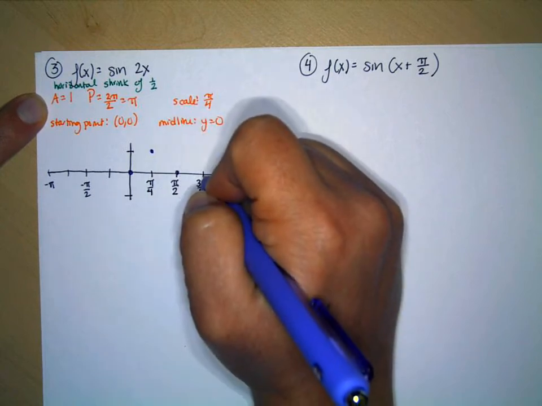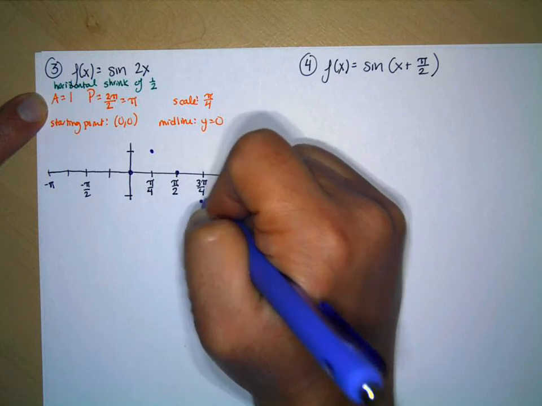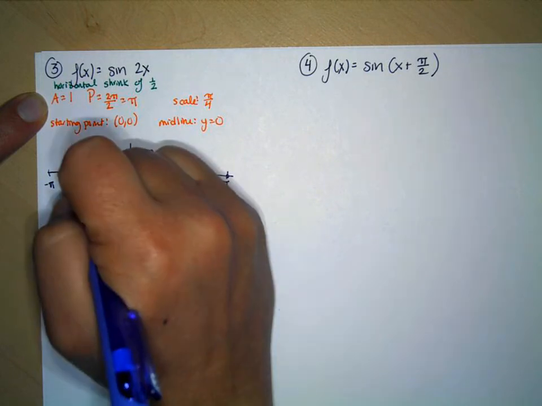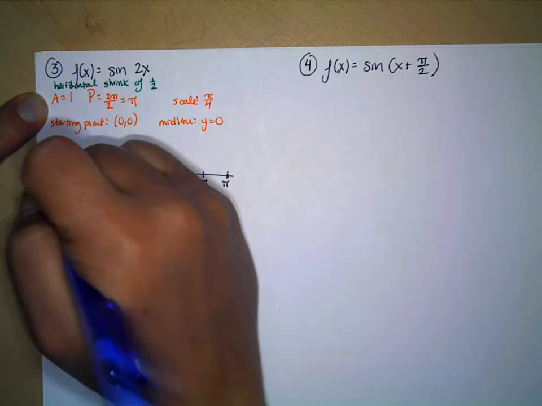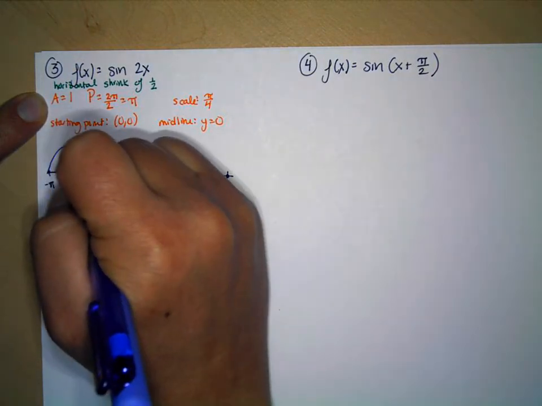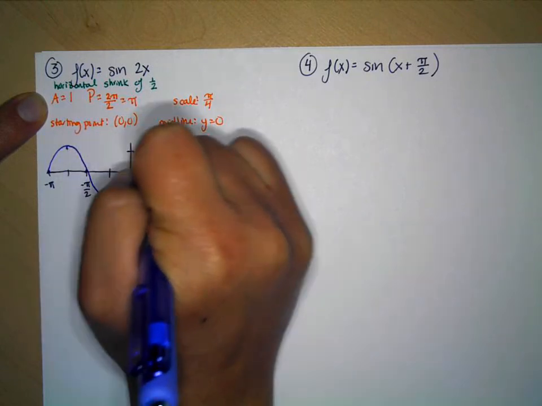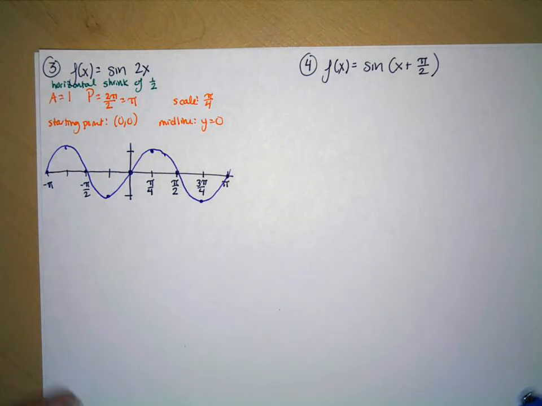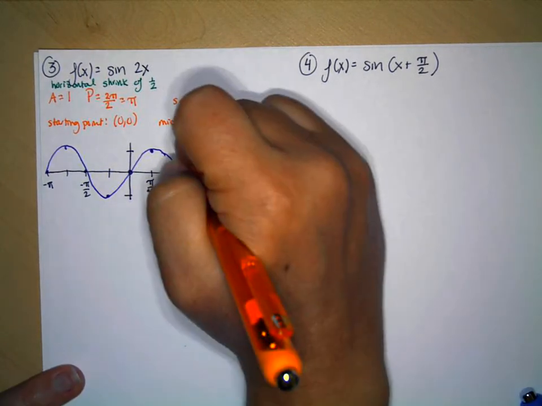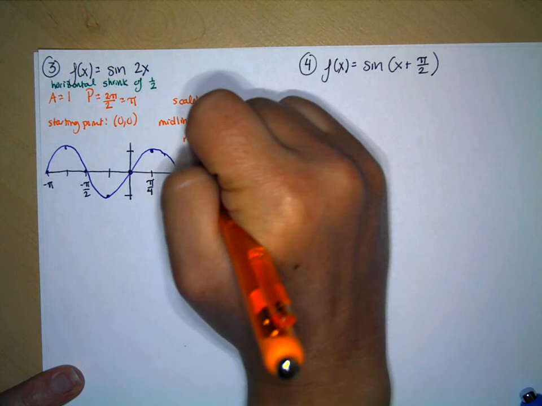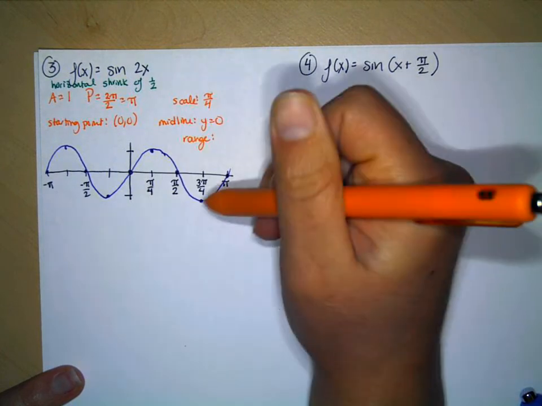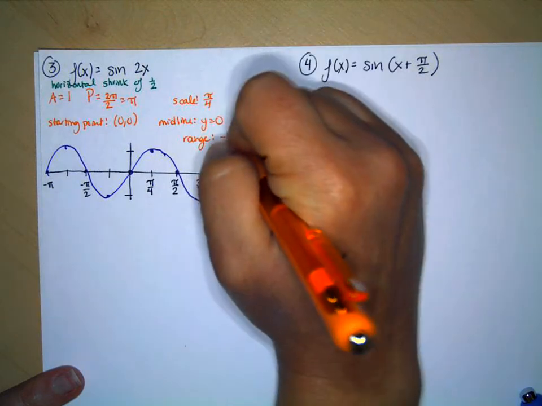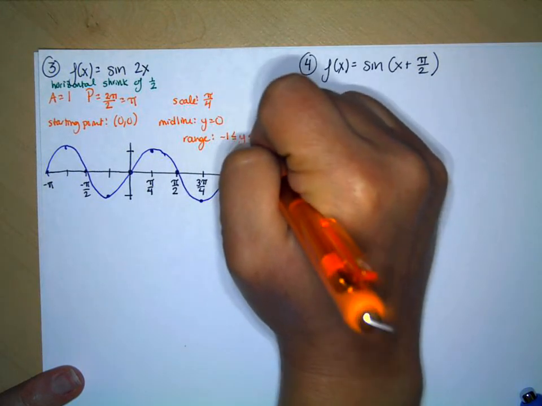Then we have our minimum 1 space below. Back to our midline, and continue the pattern on the opposite side. Connect our points to get our curve. And this time our range, we have y values in between -1 and +1.